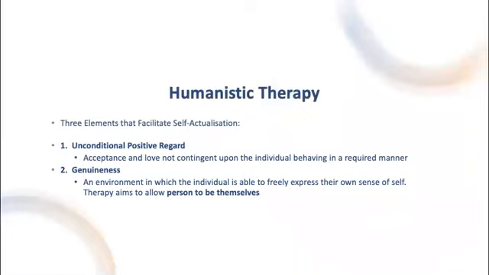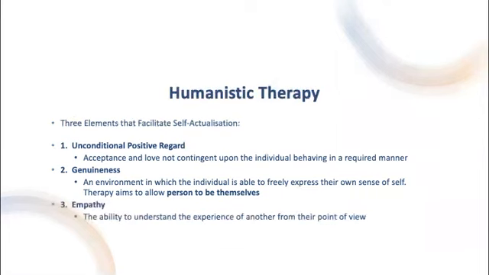Here, the patient is given an environment to freely express their own sense of self, which essentially allows the patient to be themselves, right? They have a completely safe space to express themselves in. And the third element is empathy. So, this is the ability of the therapist to understand the experience of their patient from the patient's point of view.